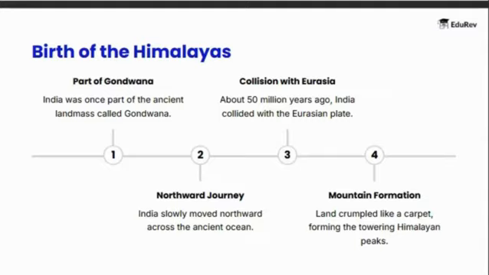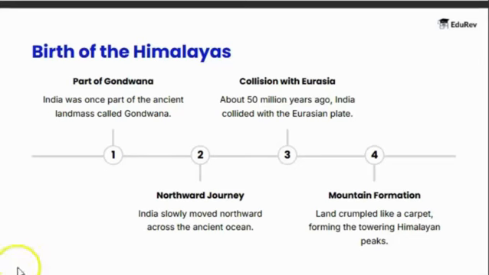The best word is wrinkles. The carpet wrinkles when you push it that way. That's how the mighty Himalayas were formed. Amazingly, India is still pushing into Asia today, very slowly, about 5 centimeters each year.